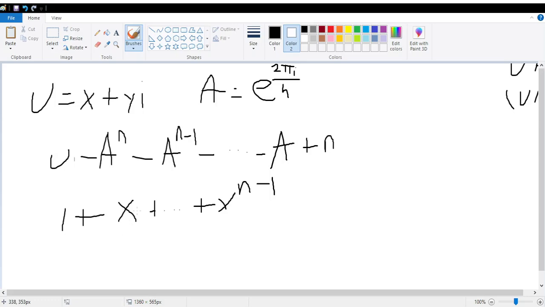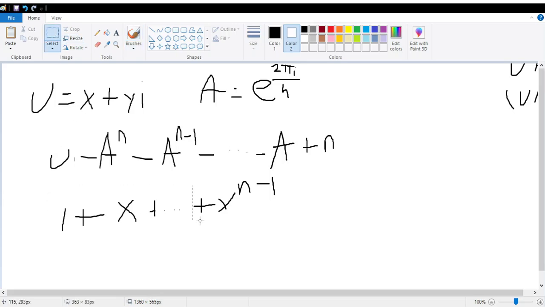So if you plug in a, then this whole thing equals 0. So this thing right over here, the minus a to the n, minus a to the n minus 1, and so on, is actually just this polynomial evaluated at a, multiplied by minus a. So then that's just 0.